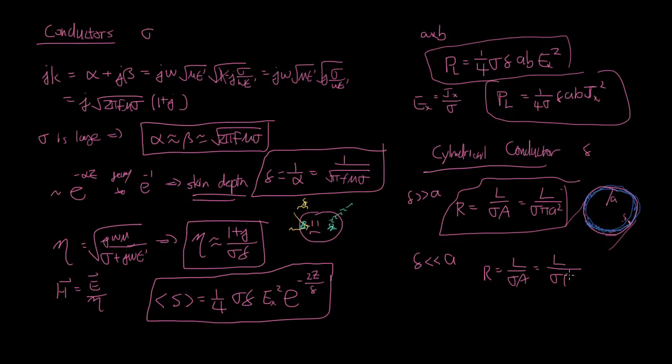So it would be 2 pi A delta instead of pi A squared. This is a specific example of when the skin depth would matter when you're trying to calculate the ohmic dissipation of a conductor.